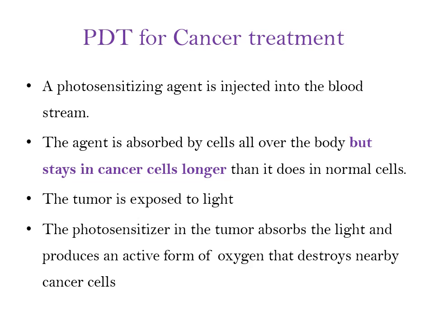Approximately 24 up to 72 hours after injection, when most of the agent has left normal cells but remains in the cancer cells, the tumor is exposed to light that will kill the cancer. The photosynthesizer in the tumor absorbs light and produces an active form of oxygen and destroys the nearby cells.